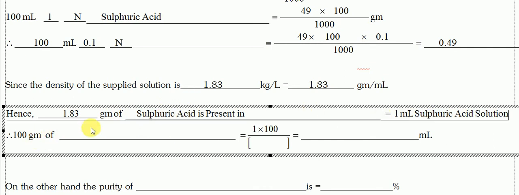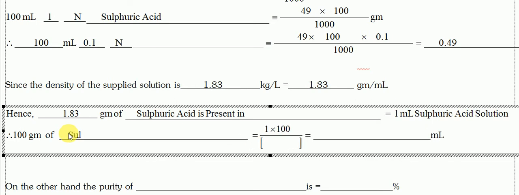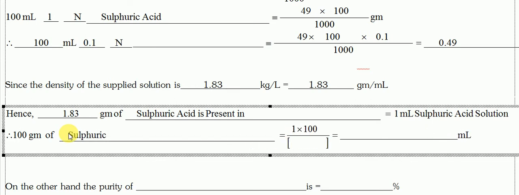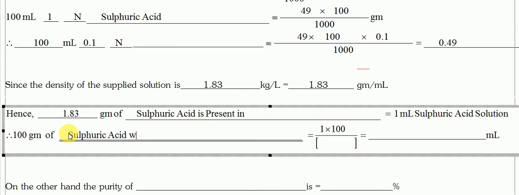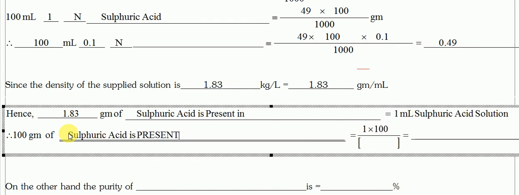So, 100 gram, what will be the amount of 100 gram of sulfuric acid?